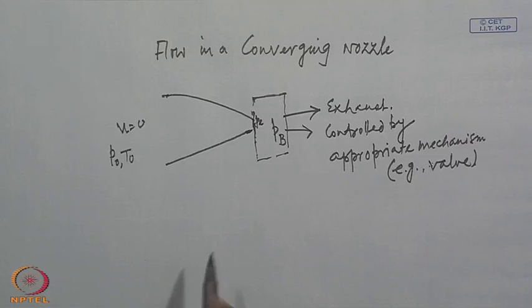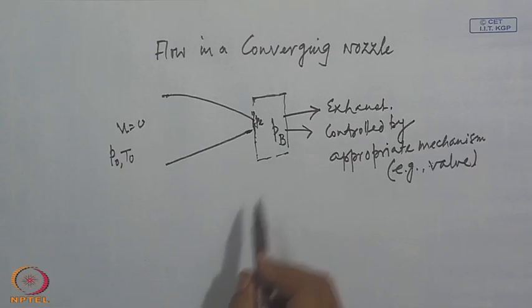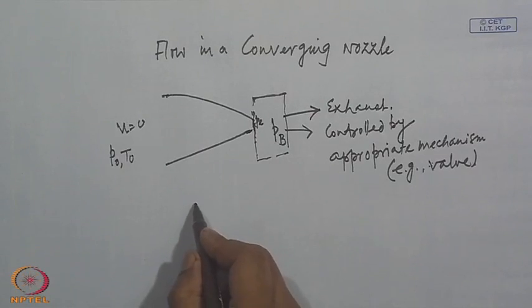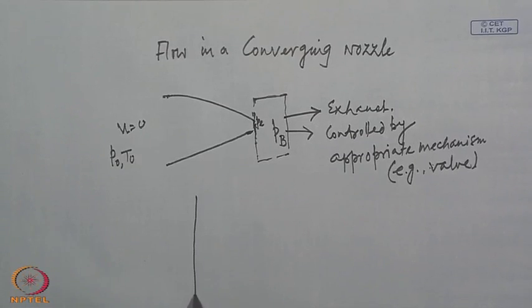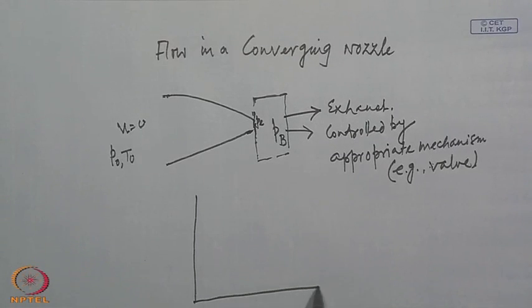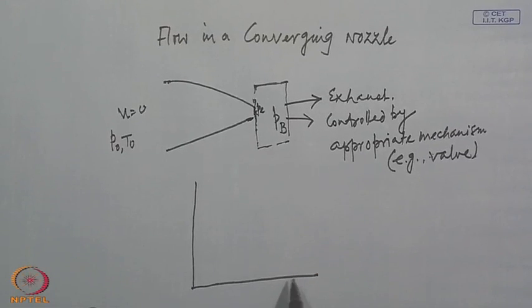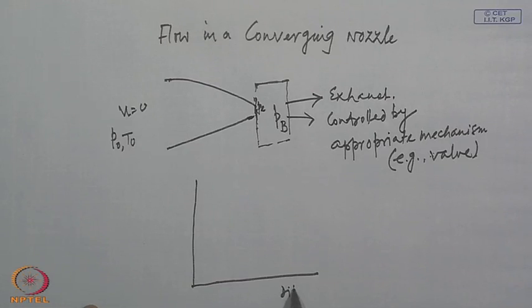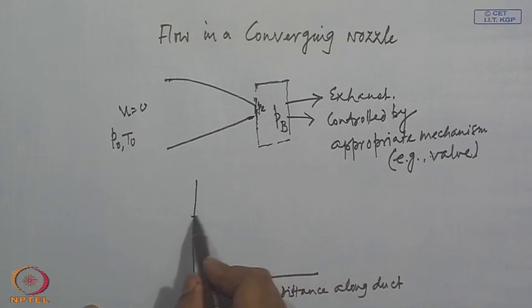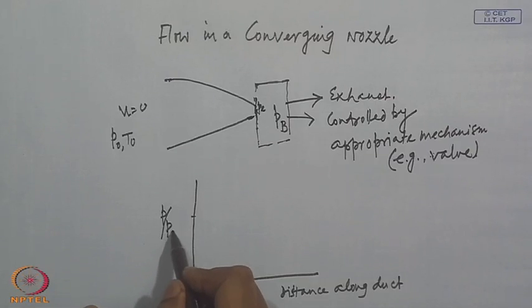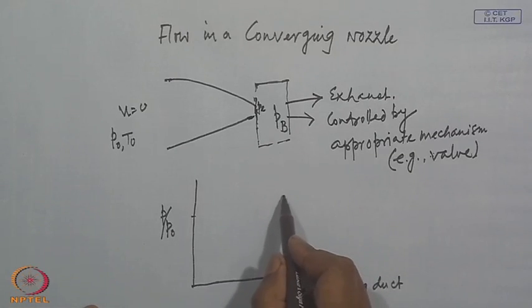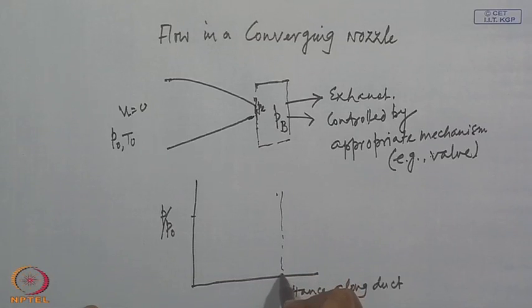And then we have discussed how this flow will develop as P b is decreased gradually. We have seen that there is distance along duct, and this is the end of the duct, the exit plane.